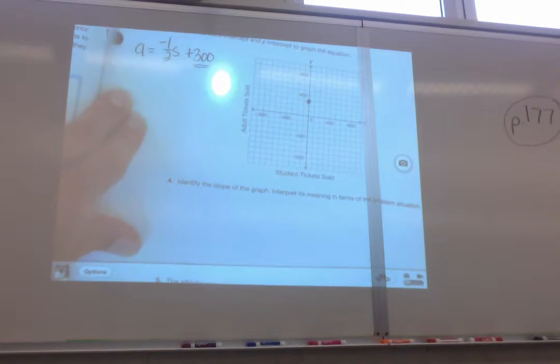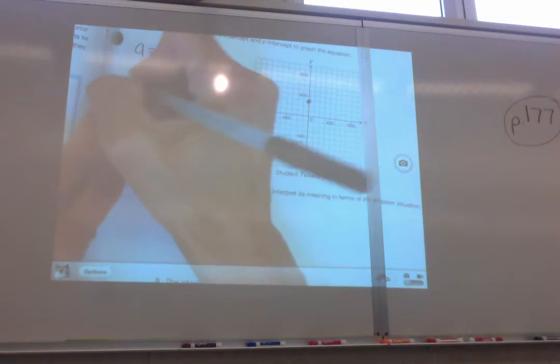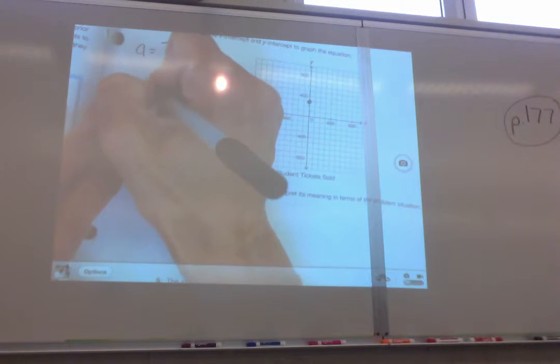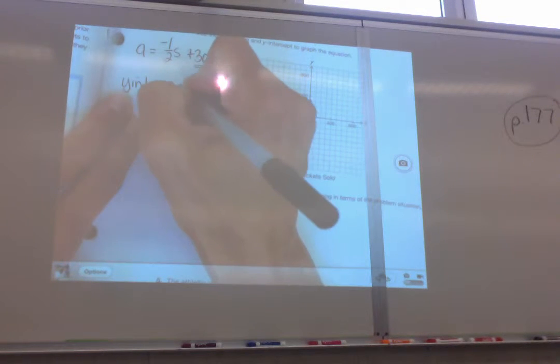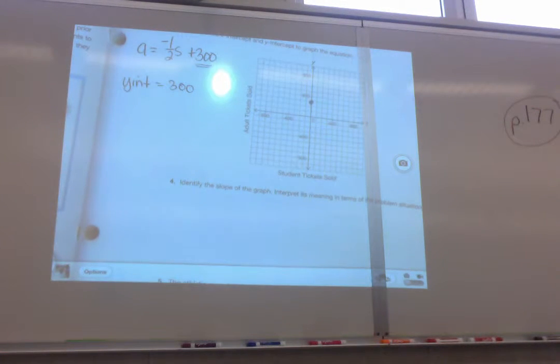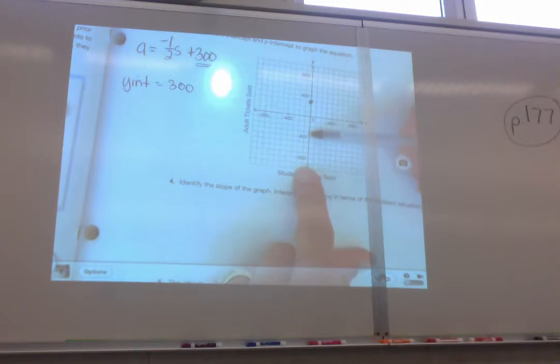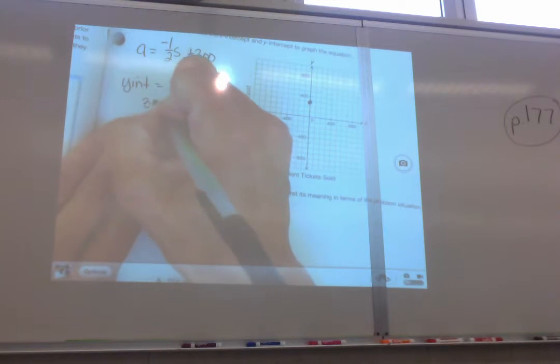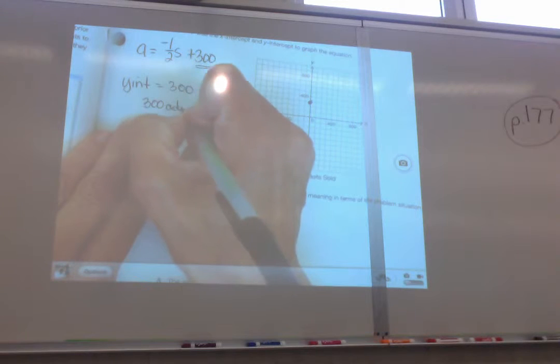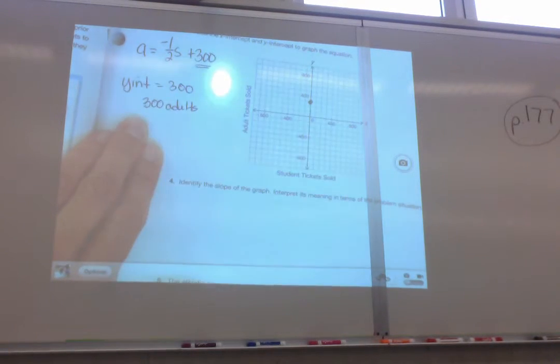Okay, but again, question number 2 asked us to interpret that. So y-intercept is 300, but what is that in terms of adults and students? Okay, so adult tickets is y, so that's 300 adults, right? How many students is that?